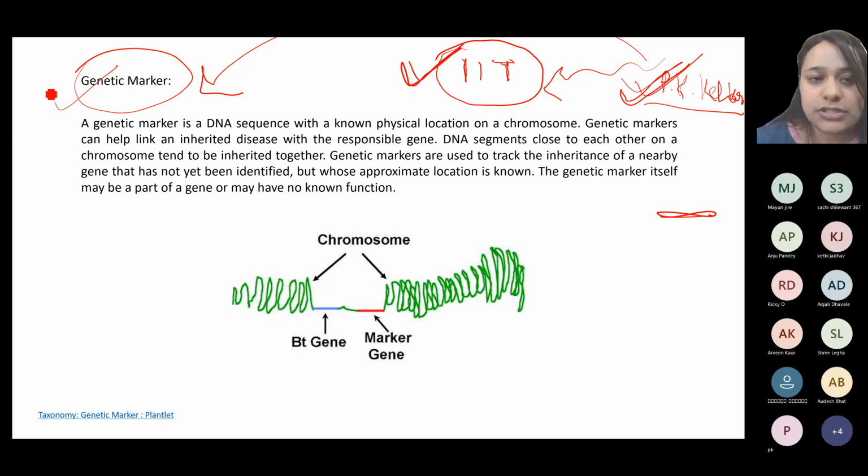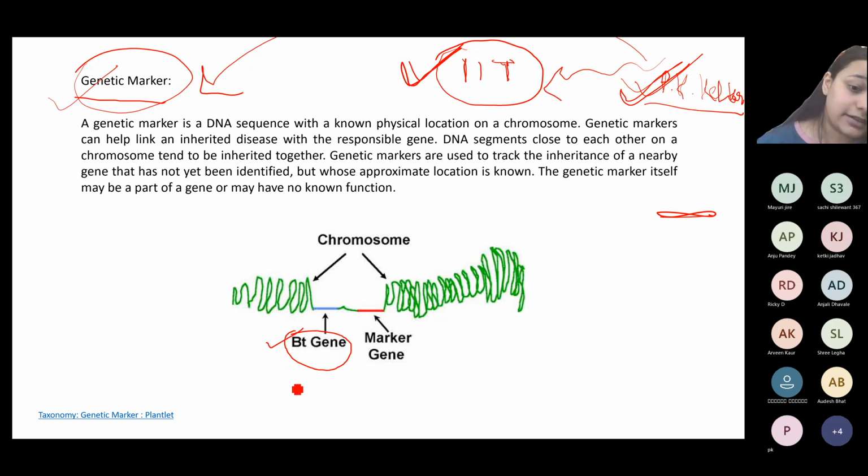So that is how this genetic marker works, right? In this illustration, we say that, for example, there is this BT gene, the gene that was used in one of the first recombinant crops, in cotton, right? The BT cotton gene. So if this BT gene is present over here, how do we locate it? We know that it is somewhere on this particular chromosome, but how do we know where?